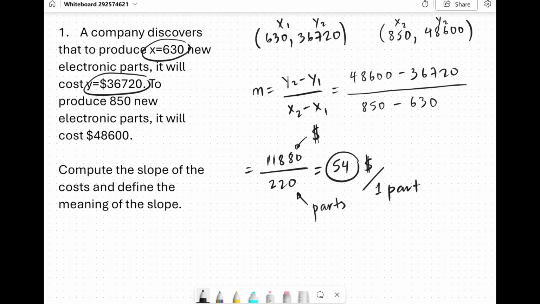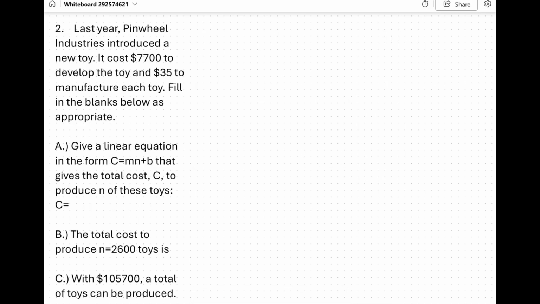And oftentimes when you're thinking of a slope within a context, the word per will be applicable. Miles per gallon, for example, or price per part, people per year, and so on. Here's another example. Last year, Pinwheel Industries introduced a new toy.